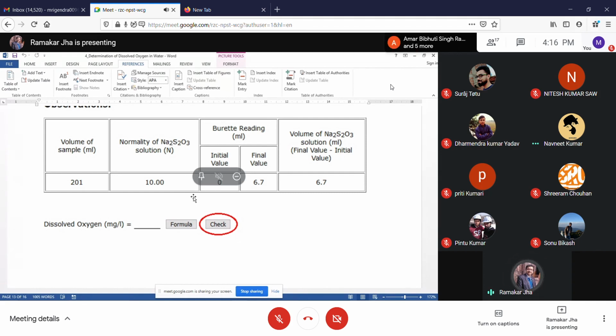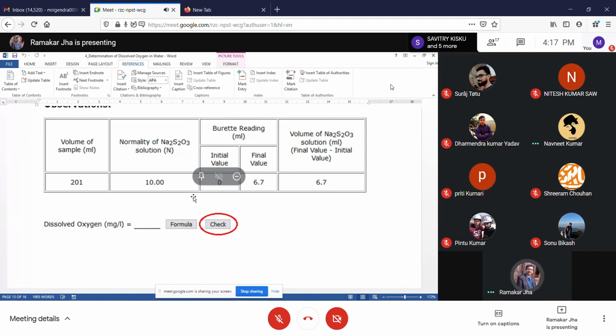Then you go to the field, collect the sample, add MnSO4, add alkali azide, shake it, and you will find it is settling down. We have preserved the DO. When you bring it to the lab, add H2SO4, then it will mix again. Then we know that the normality of the sodium thiosulfate should be 10.